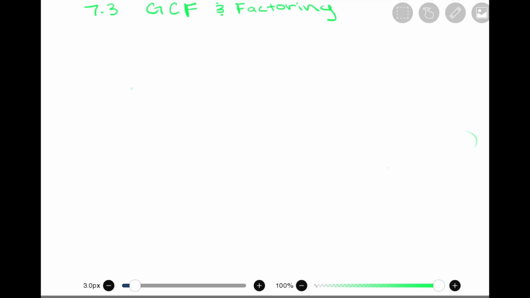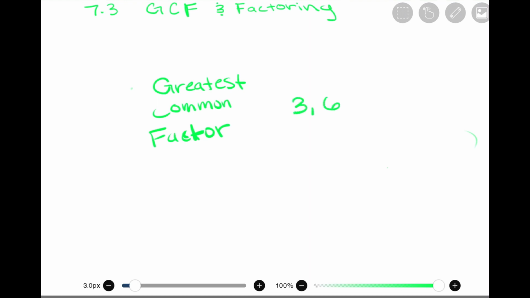Let's start with GCF. GCF stands for greatest common factor. So what this basically means is if we have certain numbers like 3, 6, and 9, which common number can we divide all of these by?